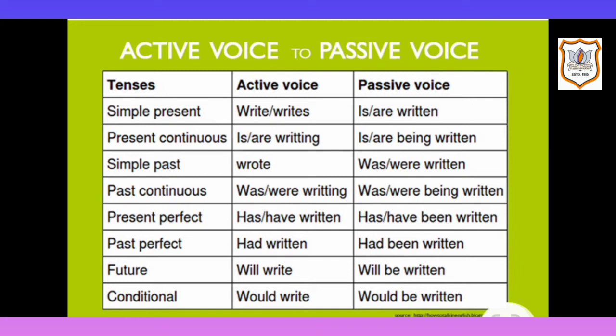Then future tense, in active voice it will be will write. In passive voice it will be will be written. Then for conditionals, that means modals, if it is would write in active voice, it will change in passive to would be written.